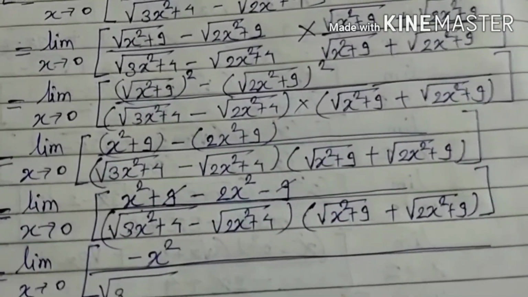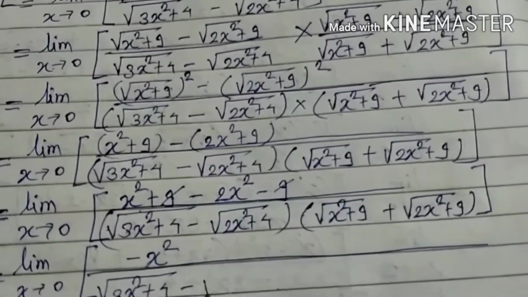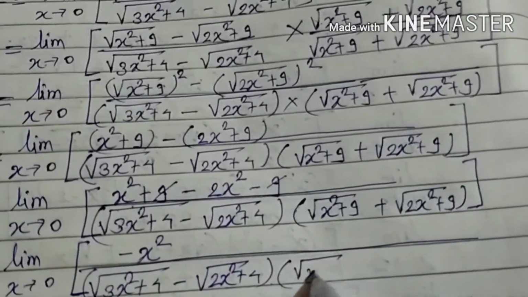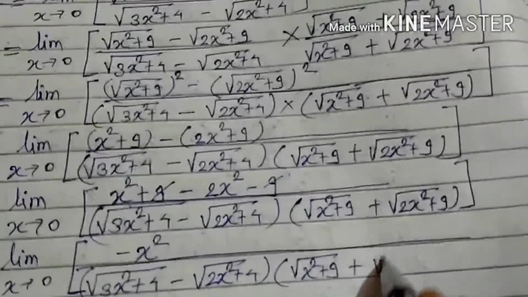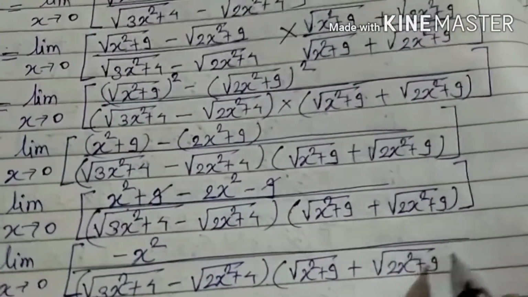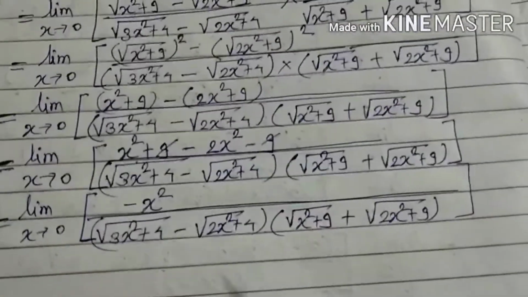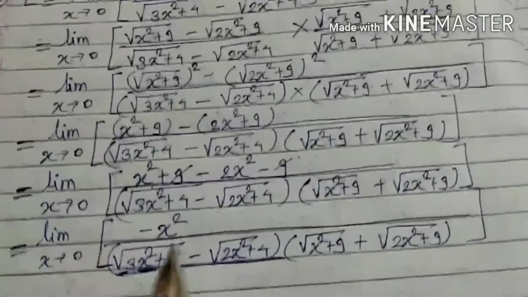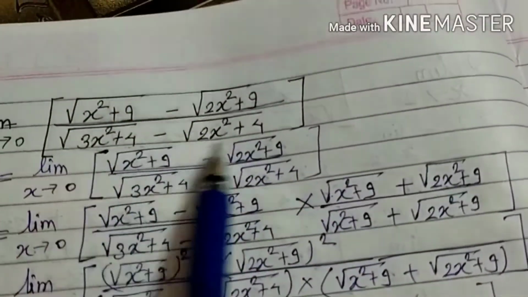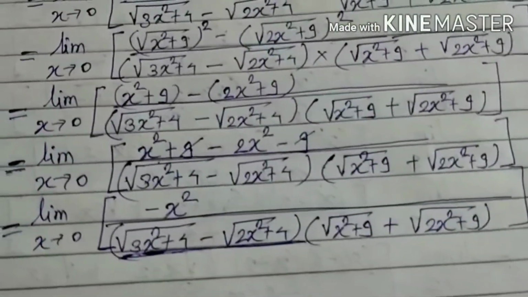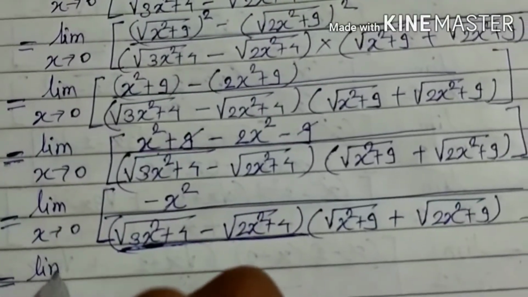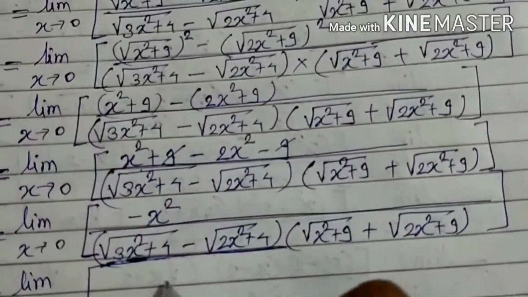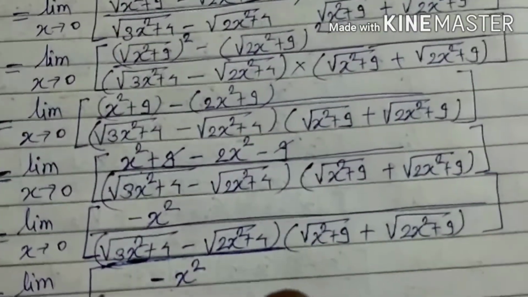And write remaining terms 3x square plus 4 into, now here we have to rationalize denominator, but only this term, okay, because this is our original denominator. So we rationalize it. It is a lengthy example, but it is easy, not complicated. You can go step by step, then you get your answer.